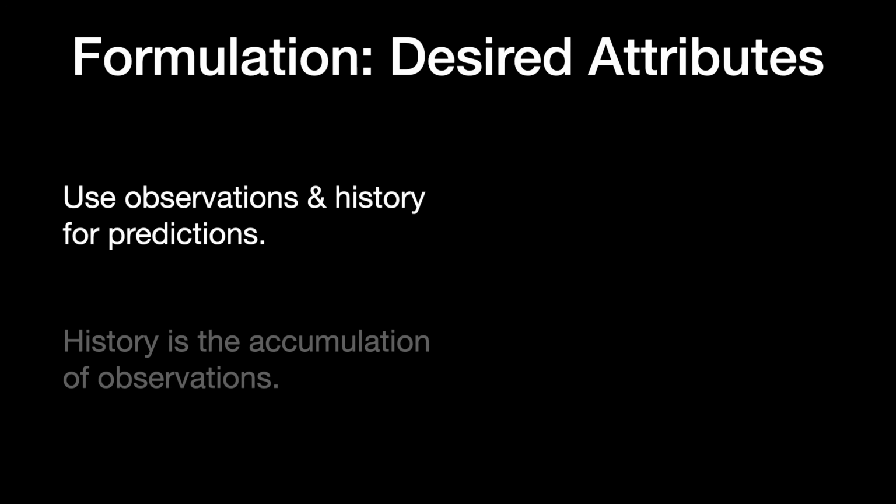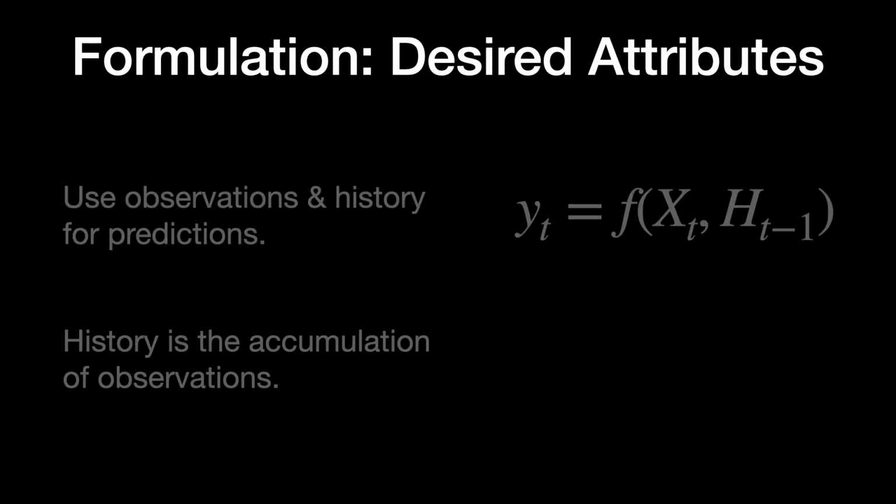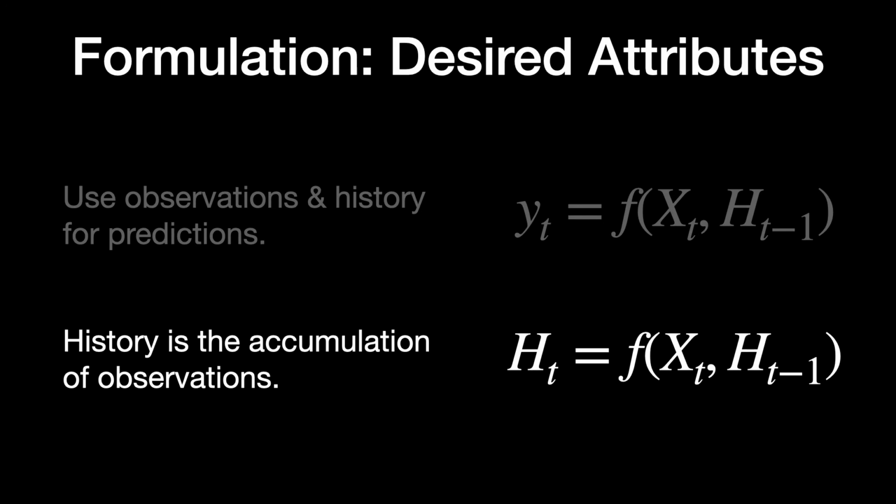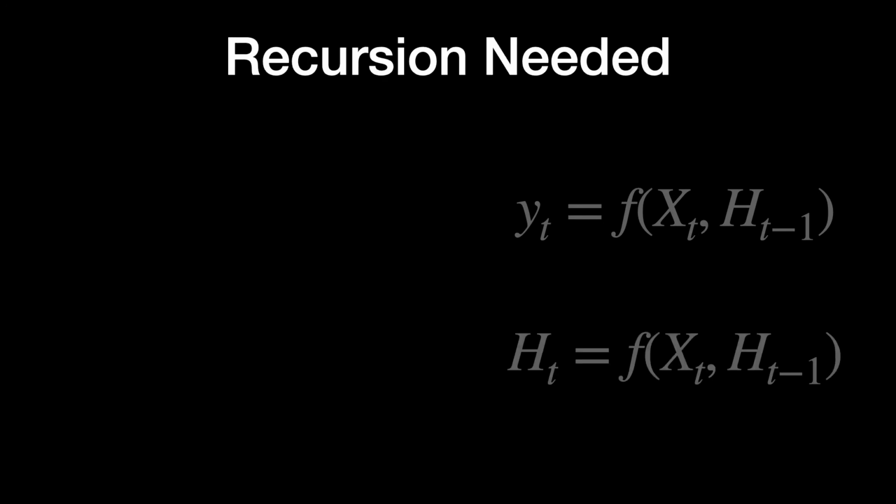So for the first constraint, mathematically, we can denote that as follows, right? Where the prediction is just a function of the history and the observation. And for the second constraint, well, you could say the history is just a function of the current observation and all the previous history. So now you might think, well, how do we implement this?